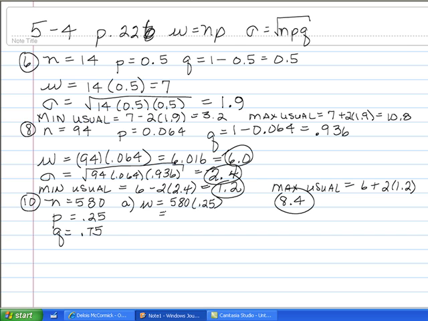The standard deviation would be the square root of 580 times 0.25 times 0.75. Close it off. And I'm getting 10.4.